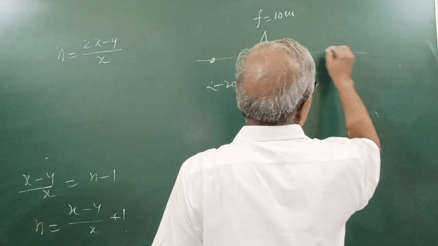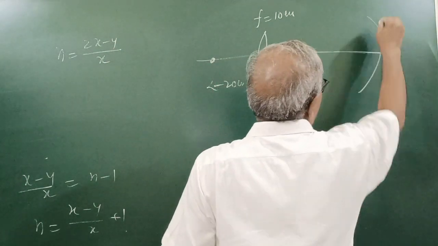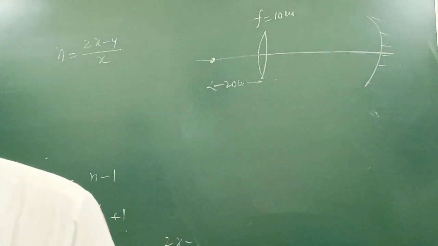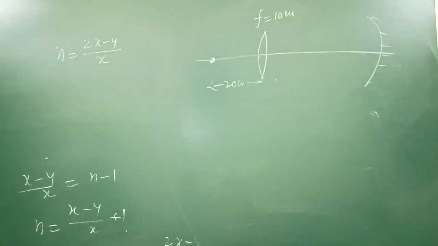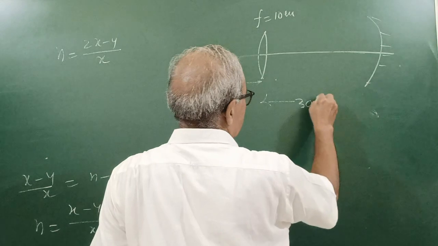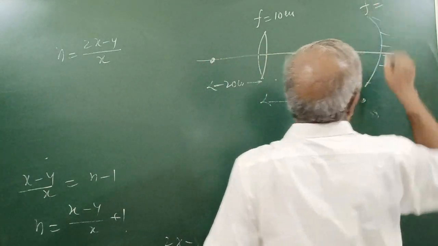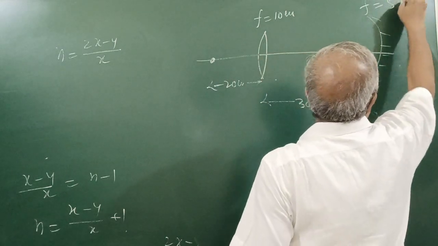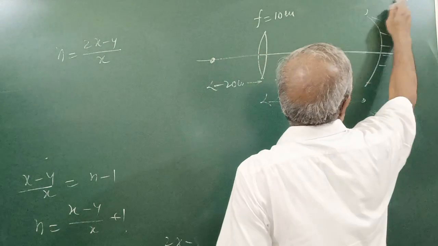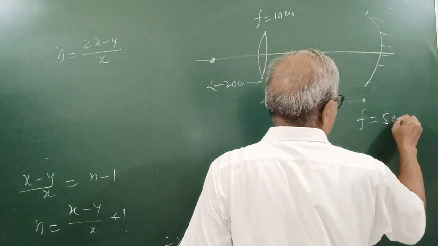On this side of the lens is placed a concave mirror. The distance between mirror and lens is 30 centimeter. Focal length of mirror is 5 centimeter.